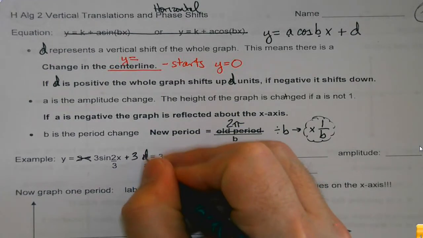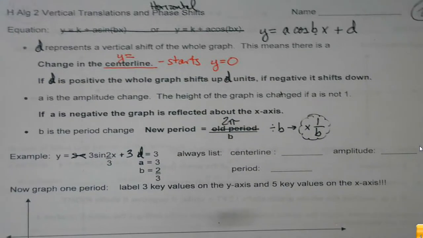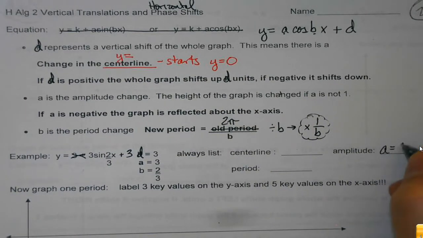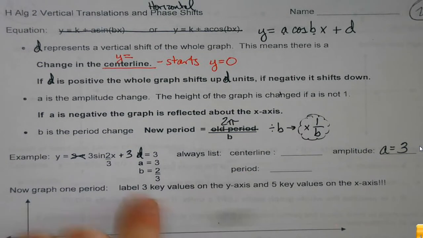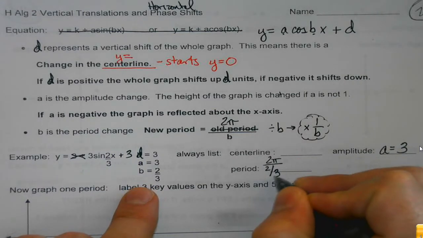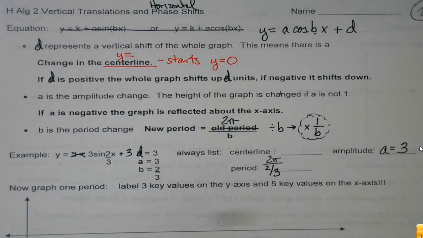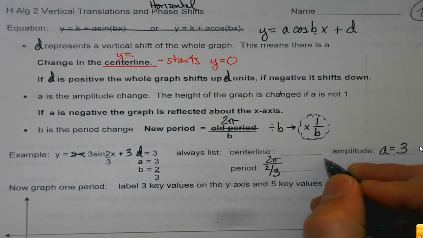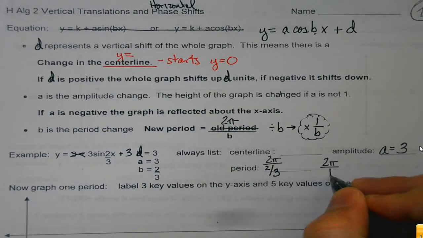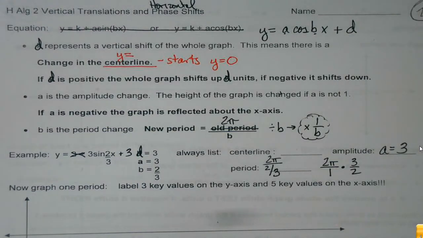And so here, what ends up happening is that I want to list these values. Now, we're used to some of this. The amplitude we're used to. That's 3. The period we're used to. That's 2 pi divided by b. Now, this one I may have to think about a little bit, maybe even do a little bit of side work. Because remember, when you divide by 2/3, that's the same thing exactly as multiplying by 3 over 2.